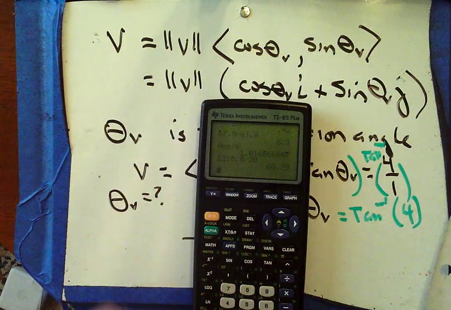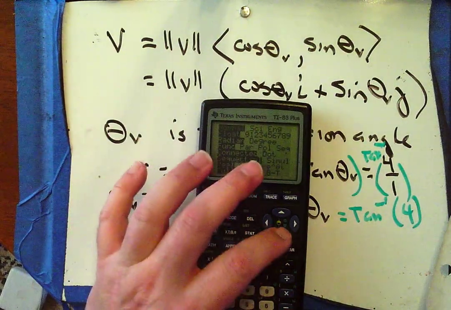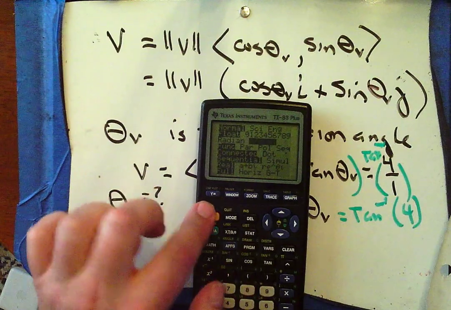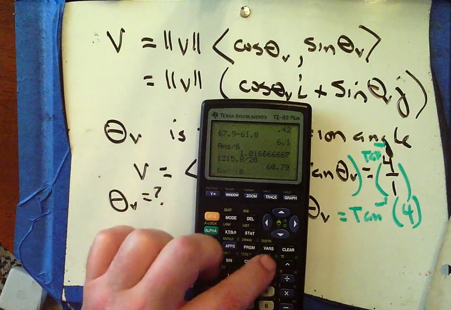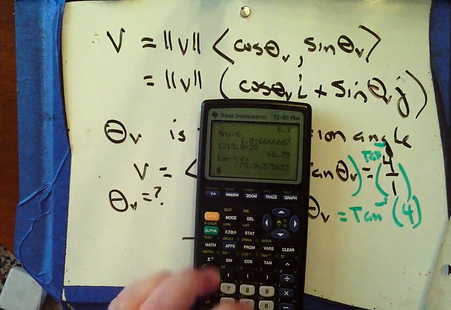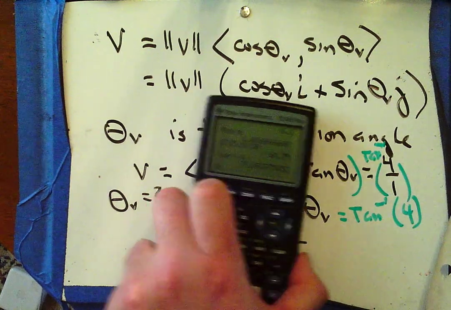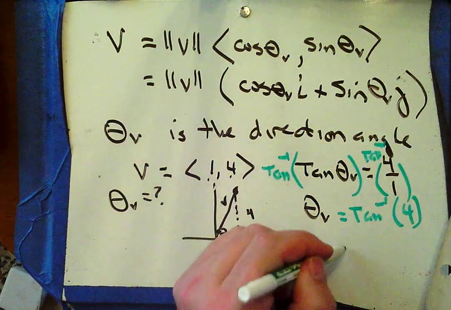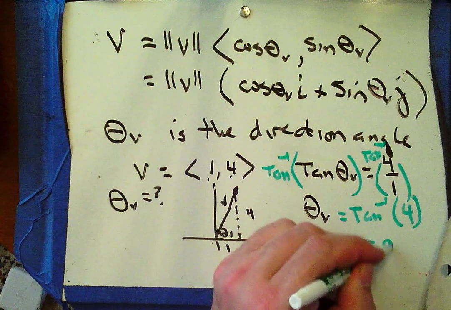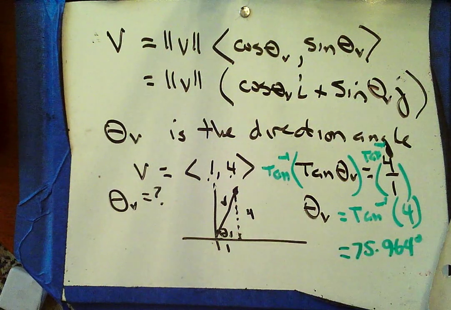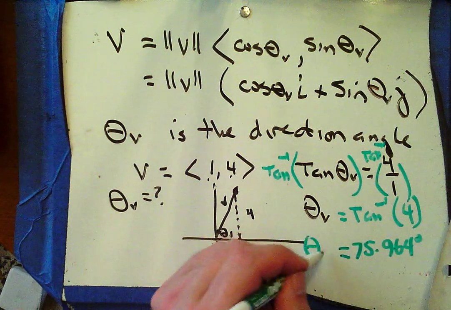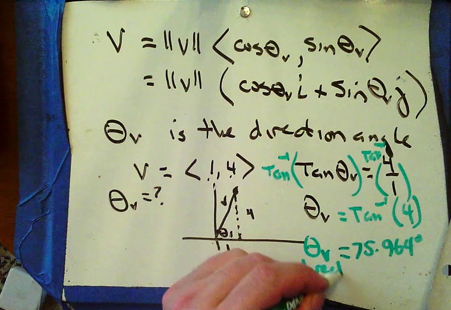I think you should probably have your calculator set in degrees for this inverse tangent of 4, and I get 75.964 degrees. So that's theta v, the direction angle.